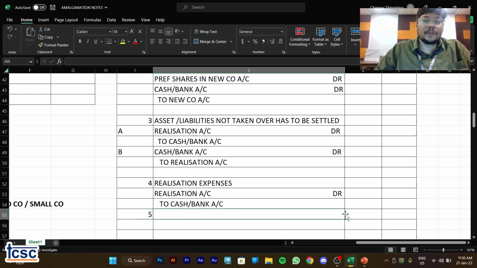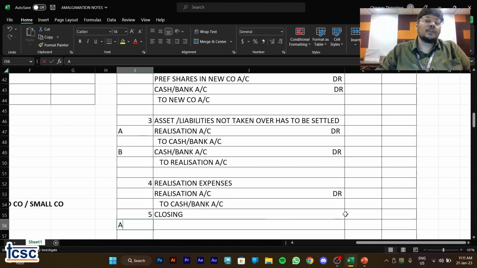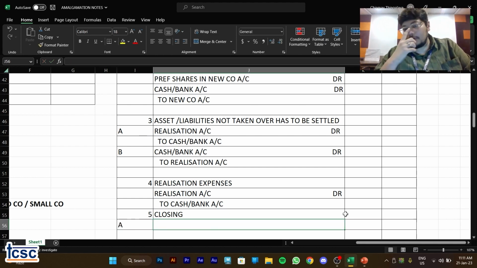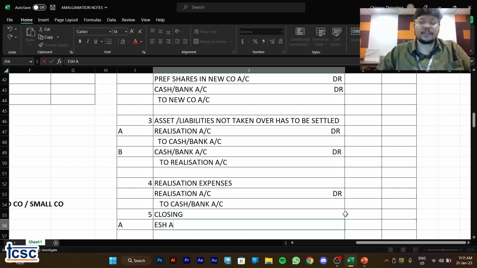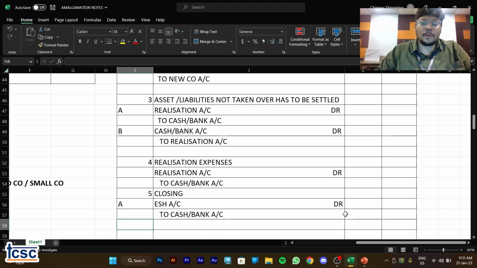And the last step is closing of ledger accounts. Now while closing, first we'll always close cash bank account. If any balance is left in cash bank account, it will be transferred to ESH account. So ESH is the receiver, so ESH account debit to cash bank account.